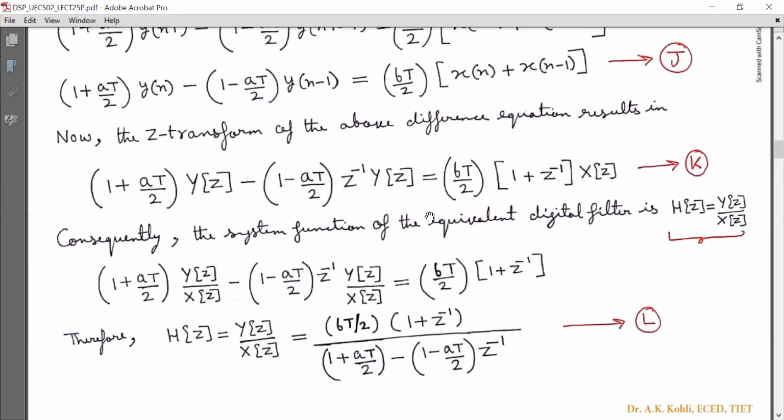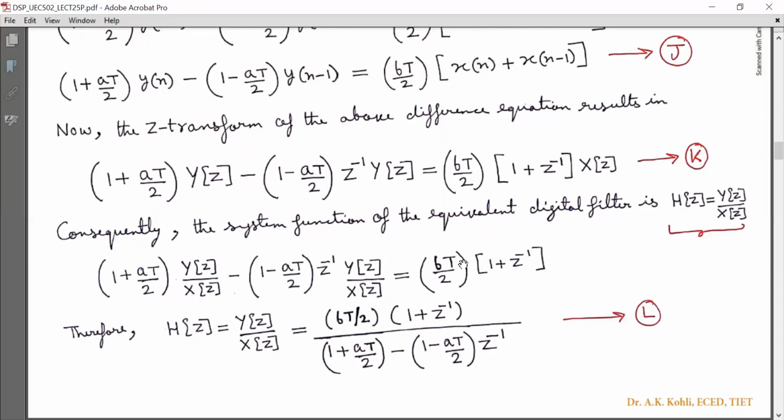Now consequently, dividing both sides by X(z), the system function of the equivalent digital filter is H(z) equal to Y(z) by X(z). So for the calculation, I will divide equation K by X(z), and that will give me (1 plus aT by 2) Y(z) by X(z) minus (1 minus aT by 2) bracket z inverse Y(z) by X(z) equal to bT by 2 into (1 plus z inverse).